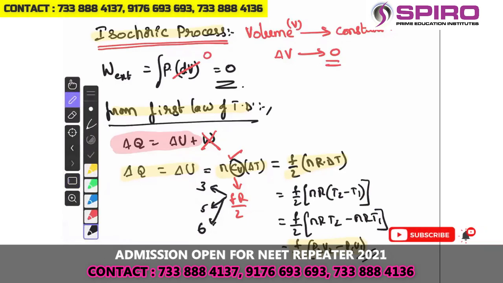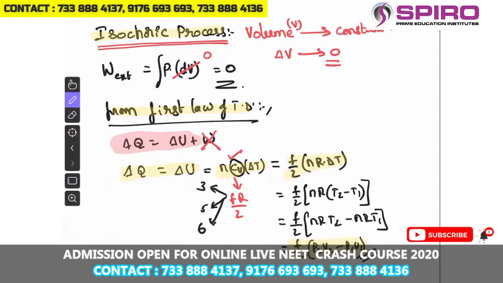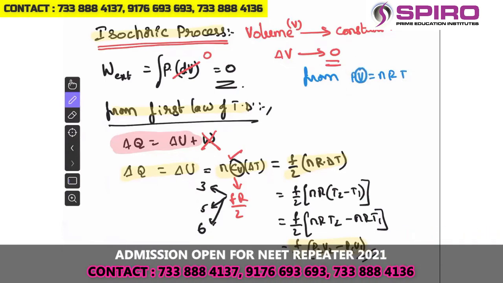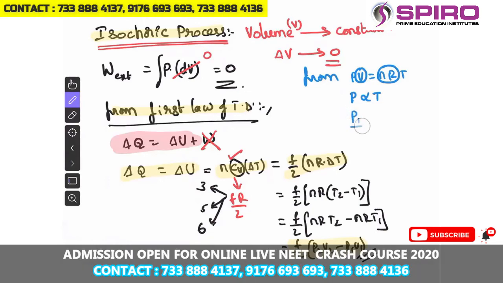From the ideal gas equation, PV equal to nRT, what is constant? Volume is constant, right? And nR is also constant, so pressure is directly proportional to temperature. P1 by P2 is equal to T1 by T2.